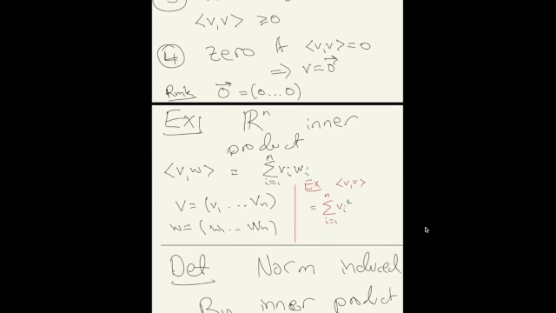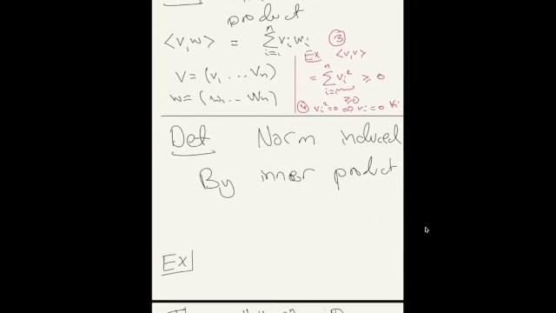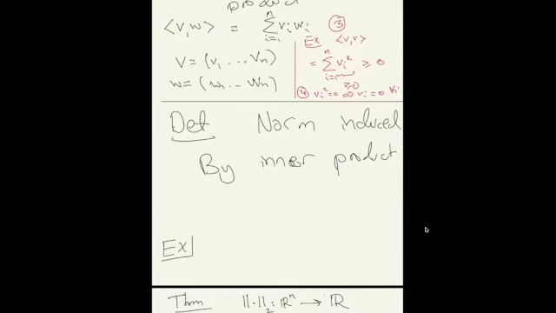Now, each of these squares is non-negative, so the whole thing is non-negative. This gives property 3, and property 4 would follow because vi squared is equal to 0 implies that vi is equal to 0 for all i. And you have a sum of non-negative numbers, so they all have to be equal to 0. A complete proof would do that more carefully. This is a sketch of the argument.